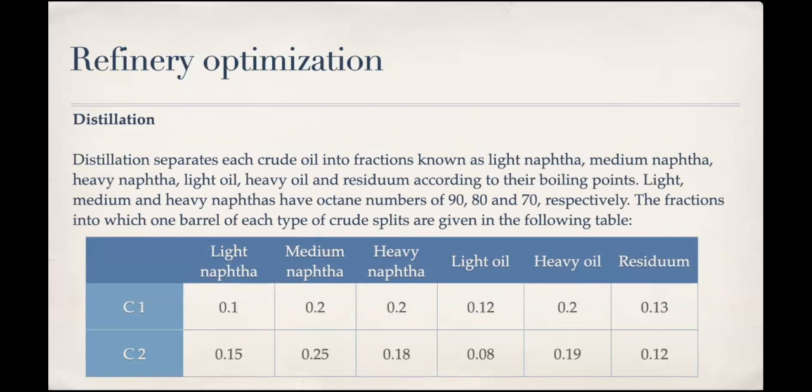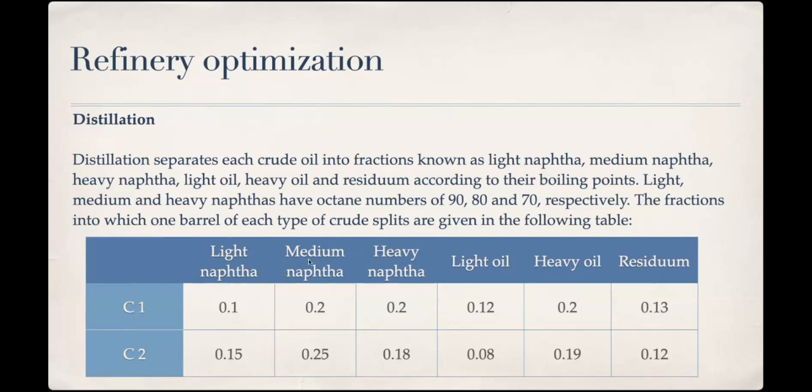Okay. The conversion. Let's say if we send C1 crude to the distillation column, and it will split into 0.1 of light naphtha. What does it mean? 1 barrel of C1, of crude 1, turns into 0.1 barrel of light naphtha. Okay.